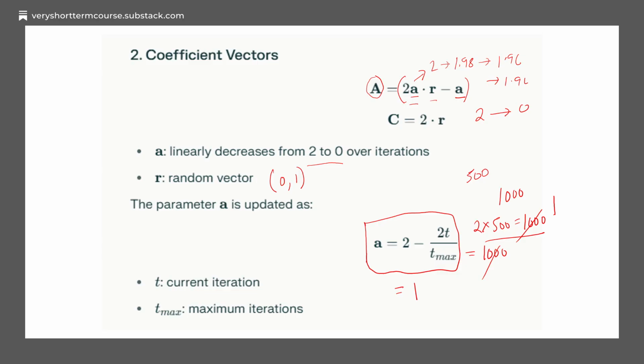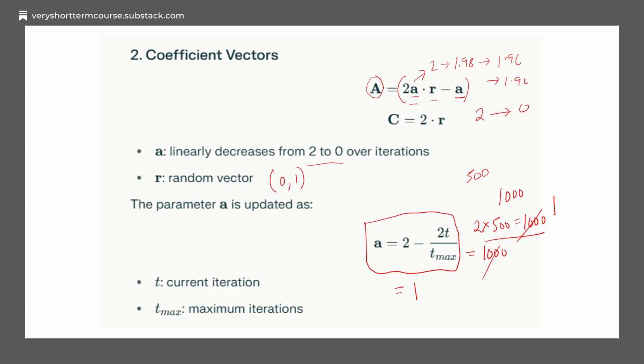So that is all about coefficient vectors. Although they have been written as coefficient vector, for simplification you will take this as scalars. Vector they have taken because we have generated 3 whales at each iteration from the beginning. So actually a will be there for 3 whales, 3 different a will be there, 3 different r will be there.